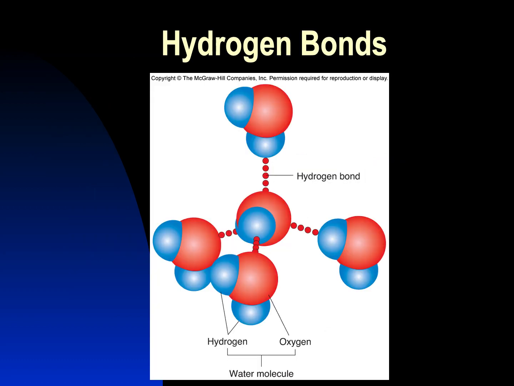A water molecule contains 1 oxygen and 2 hydrogen atoms, and the hydrogen and oxygen are each sharing a pair of electrons, and so they're held tightly together. In this case, the electrons aren't shared equally, and so there are partially positive and partially negative regions of these molecules that allow them to interact with one another by forming hydrogen bonds.